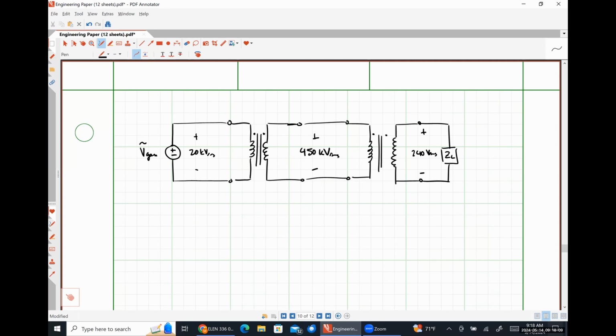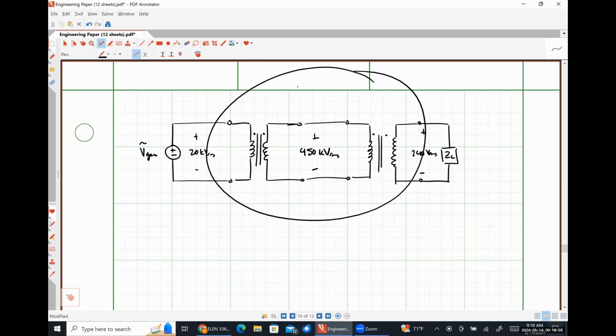Then when we get closer to residential areas, we step it down, usually to somewhere around 13.5 kilovolts or 25 kV. Then in a residential area, we step it down again to what's actually usable by the end user. So this transmission section is actually three or four different step up and step down stages to get it to what we can use.